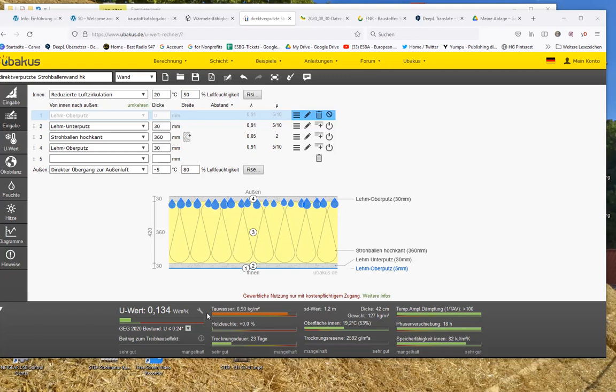The U value is exactly what you calculated with the additions of these transitions, 0.134. So it's naturally a wall which we could build according to the building law, to the standards. And here we have the dew point, 0.90 kilogram per square meter. So this is always the question, how you would interpret such a number here, the red bar, especially for the dew point.